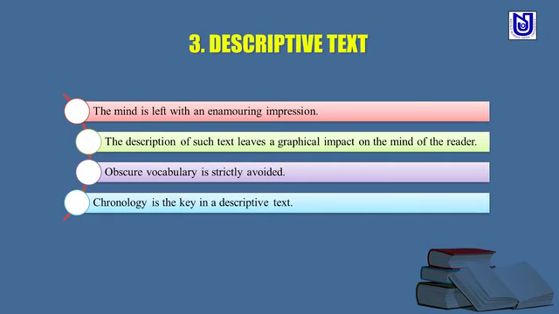The description of such text leaves a graphical impact on the mind of the reader. And in descriptive text, obscure vocabulary is strictly avoided. This obscure vocabulary can derail you from the main purpose of description. So all kinds of obscure, ambiguous vocabulary are strictly avoided here. And the last characteristic is that chronology is the key in descriptive text.